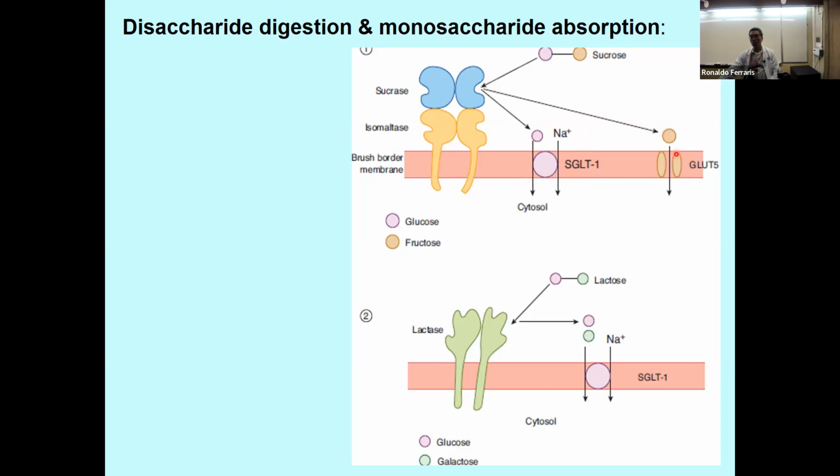Fructose is absorbed by a facilitative transporter. In other words, if there's a lot of fructose inside, it will go back outside. This is facilitative; it depends on concentration gradients. Glucose never goes outside because the sodium gradient is reversed. It can't go outside, and so you can concentrate your glucose in the cytosol against a concentration gradient via SGLT1, but not via GLUT5.